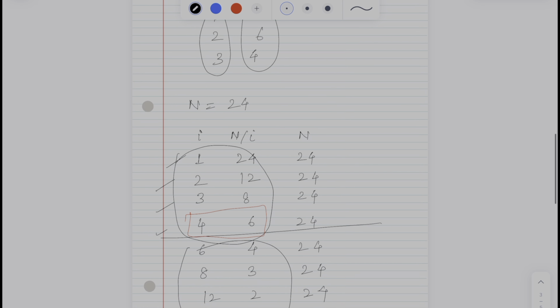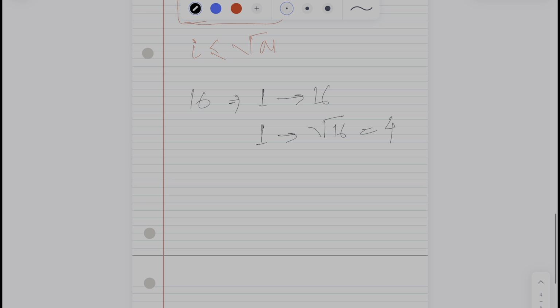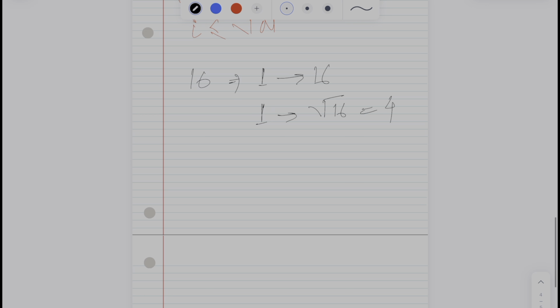Now let's calculate how much time we have reduced after forming this equation, that we are only traversing from 1 to root of n and not from 1 to n. If we use our previous algorithm to solve, the time taken was 10 seconds.